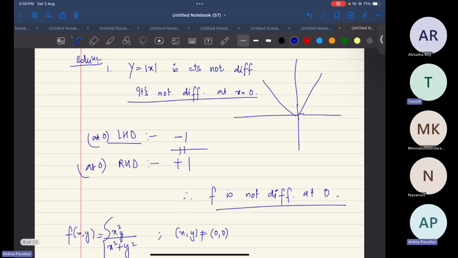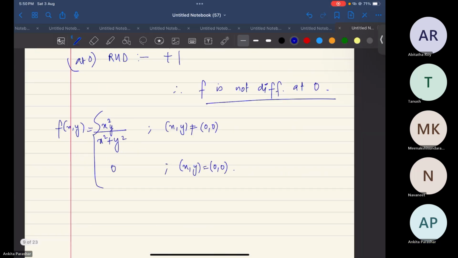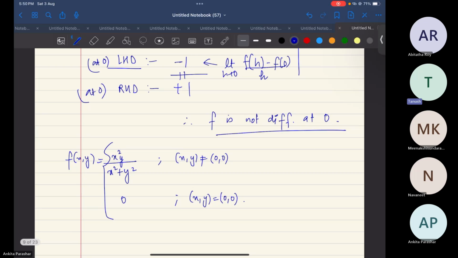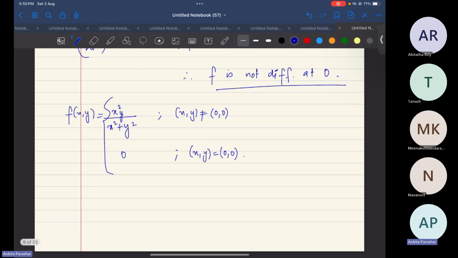Suppose in one variable, what we write is the limit as h tends to 0 of f of h minus f of 0 by h. Here, how would I write it? If you recall the definition of the derivative, if a function is differentiable at a certain point, what is the derivative of that function then? Is it a scalar?